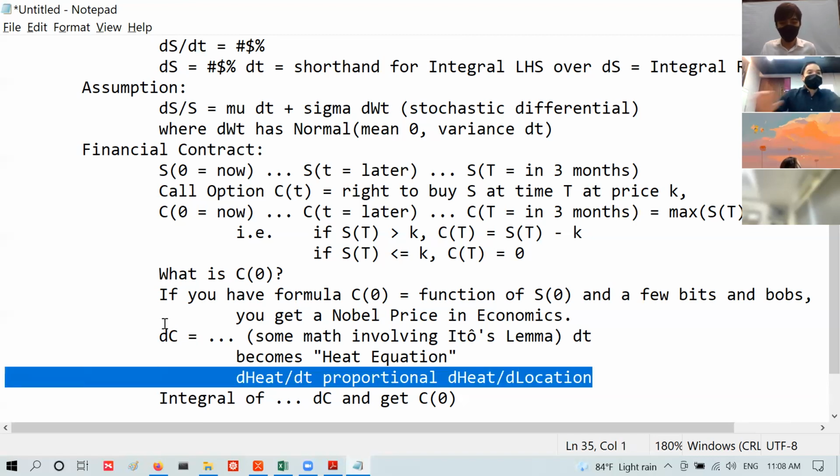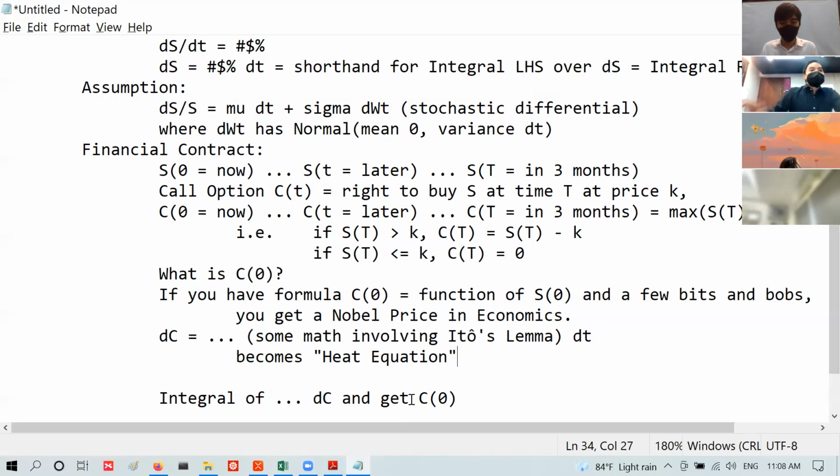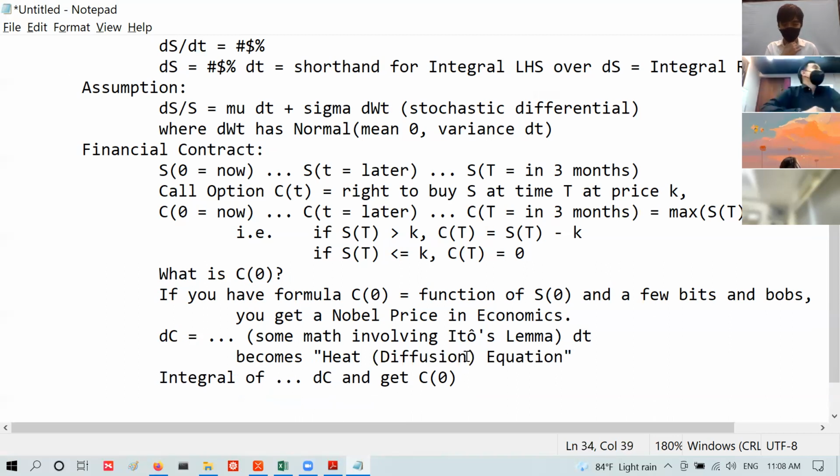In the heat equation, or sometimes it's called diffusion, which turns out to be a very simple partial differential equation. So a Nobel Prize was awarded for somebody who solved a very simple differential equation.